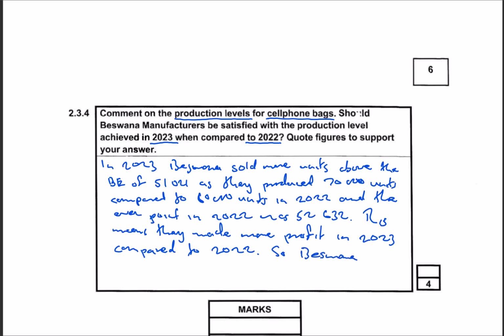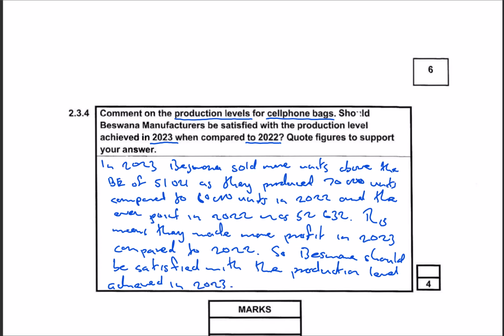Botswana should be satisfied with the production level achieved in 2023. Right, fully explained.